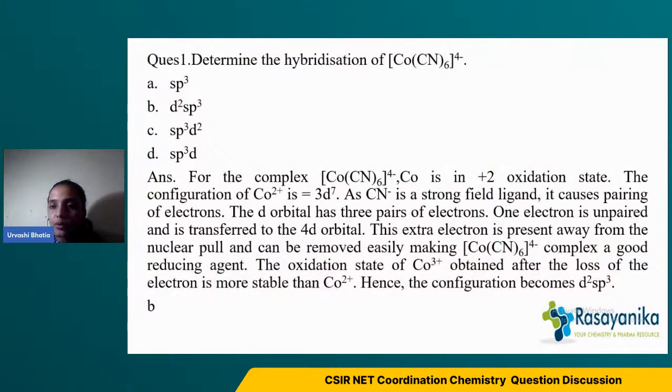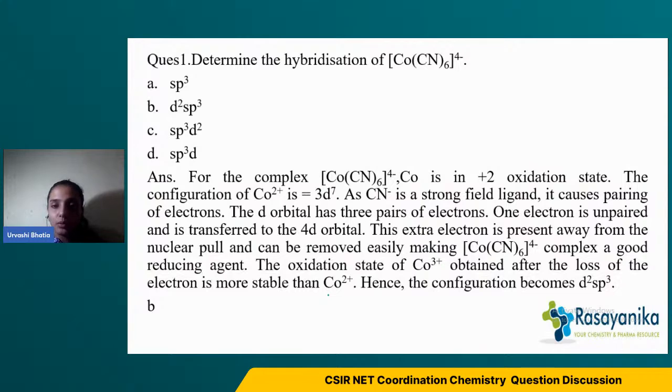This extra electron is present away from the nuclear pull and can be removed easily, making this complex a good reducing agent. So it can reduce other species and it can oxidize itself. The cobalt 3+ obtained after the loss of the electron present in the 4d is more stable than cobalt 2+.